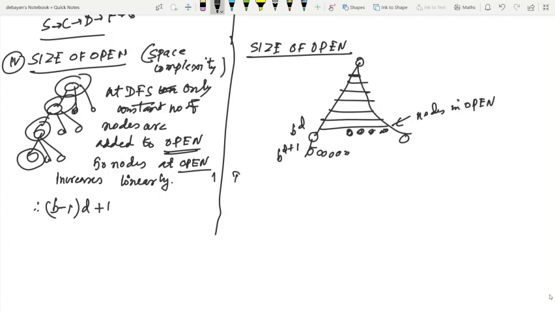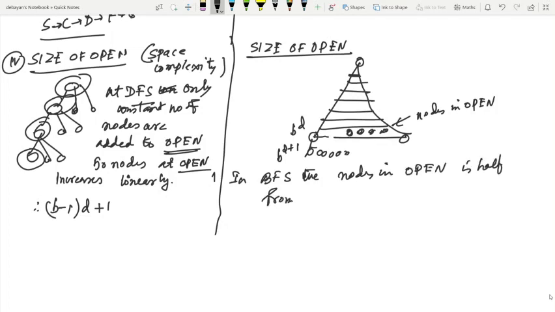So what I am saying is that in BFS the nodes in open are half from the B to the power D level and half from B to the power D plus 1.